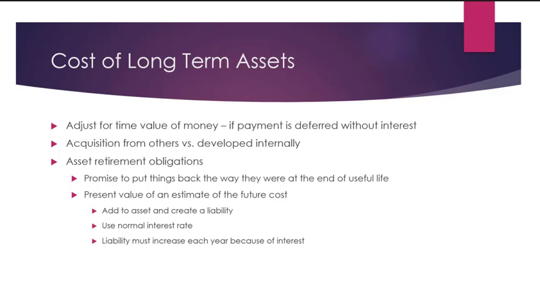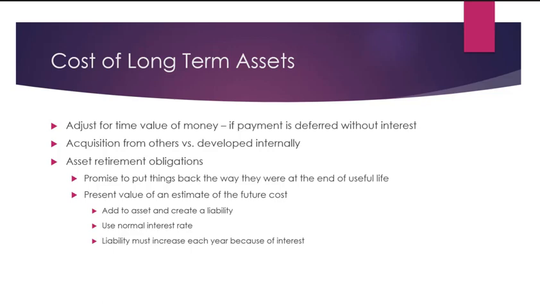You would credit the amount of that asset retirement obligation to a liability and probably call it asset retirement obligation or liability for putting it back the way you found it or something to that effect, and that present value would be recorded as a liability as well.